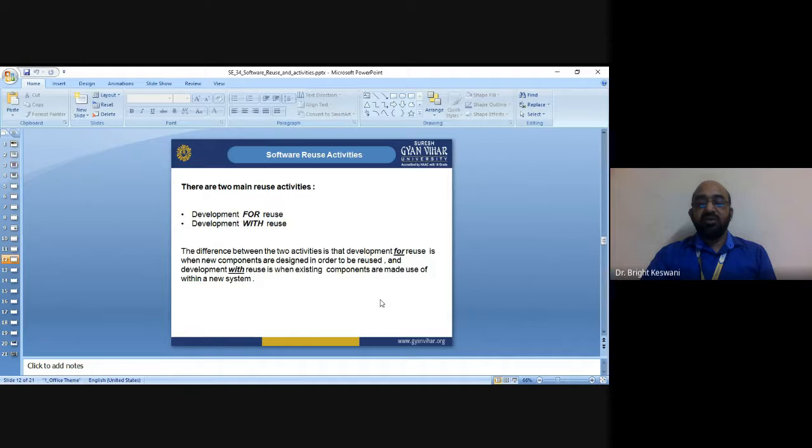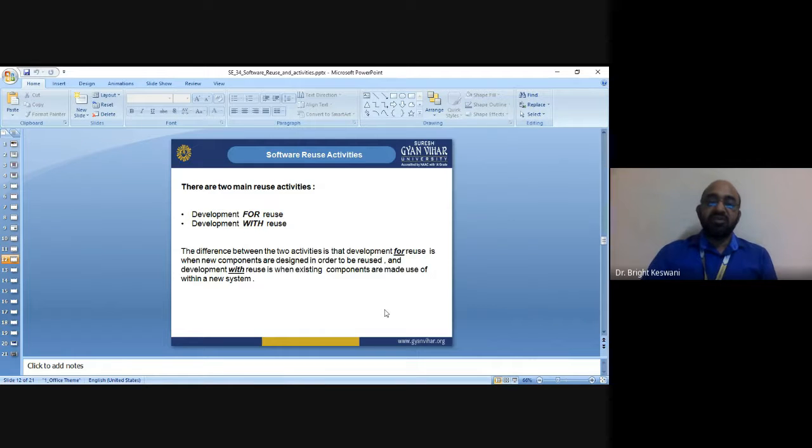When we talk about software reuse activities, there are two main reuse activities. First is development for reuse, second is development with reuse.